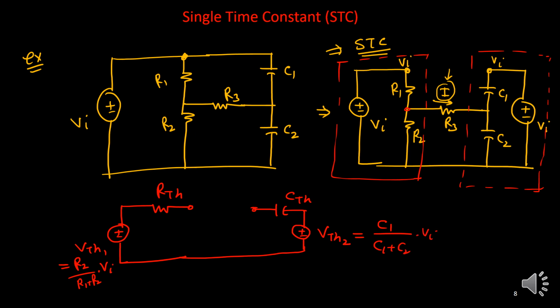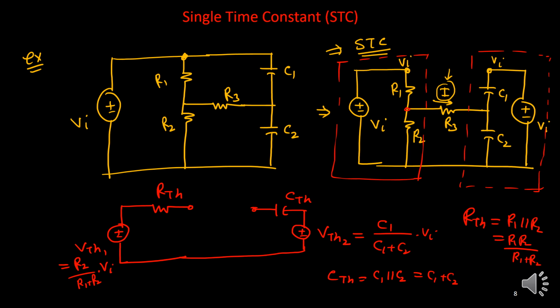Be careful. And what is RTH? RTH is parallel combination of R1, R2. That means R1 into R2 upon R1 plus R2. And what is your CTH? Again C1 parallel combination C2, but in this case C1 plus C2.